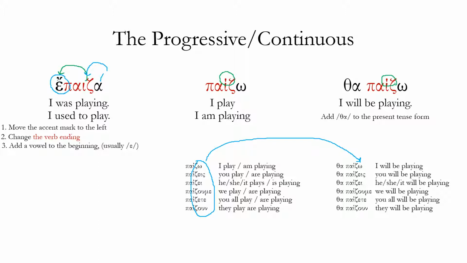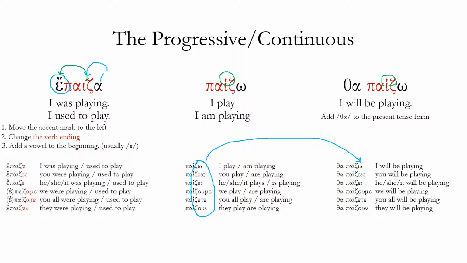We need to do what's called augment. We have to augment the verb. Put something in front of it. So now we have epeza, epezes, epeze, pesame, and you'll notice that there's an optional epsilon there, pesate, epezan.